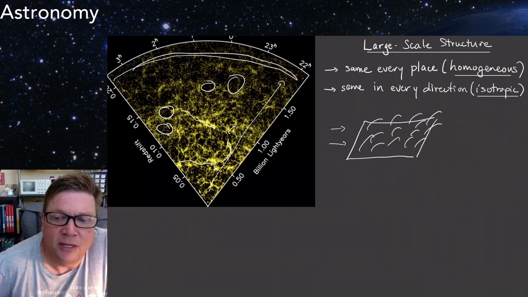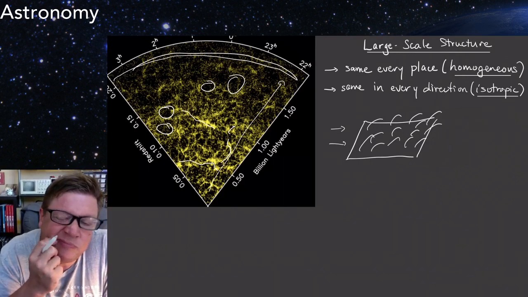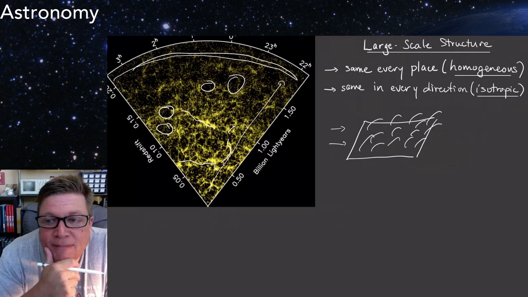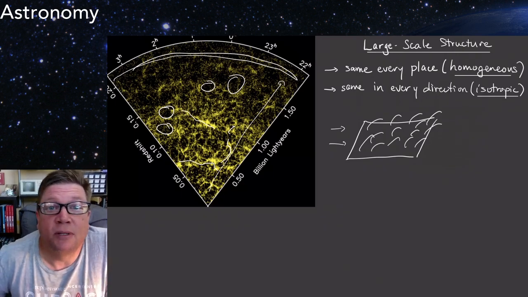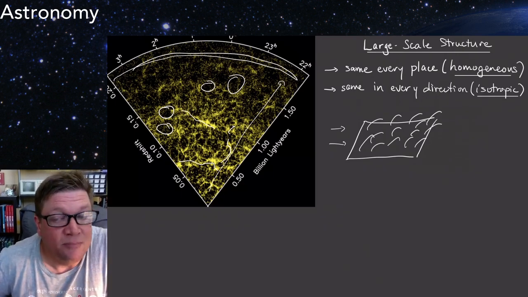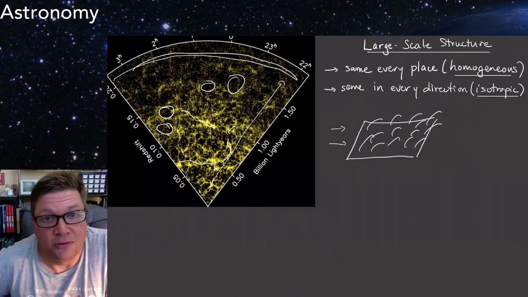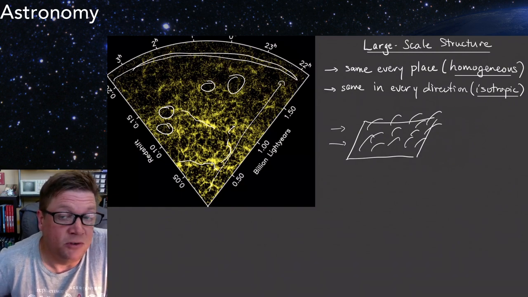Imagine you're taking a picture from a helicopter hovering over this field. Is this field homogeneous from place to place? I'm going to say yes, because if you take a photograph of this field at any place, it looks like the field from any other place. You would have a hard time putting together a jigsaw puzzle of a field like this because there's no clue as to where you are. Every piece looks like every other piece.